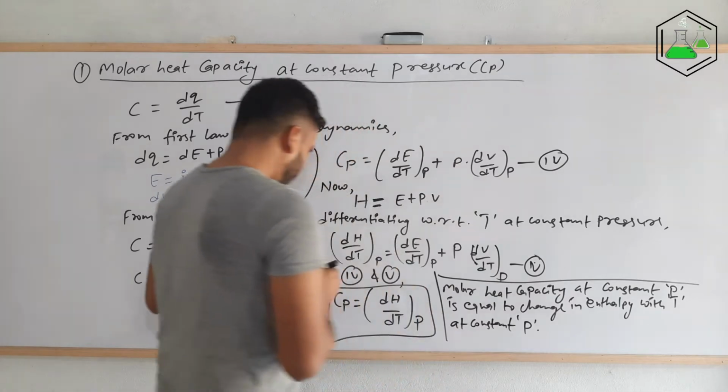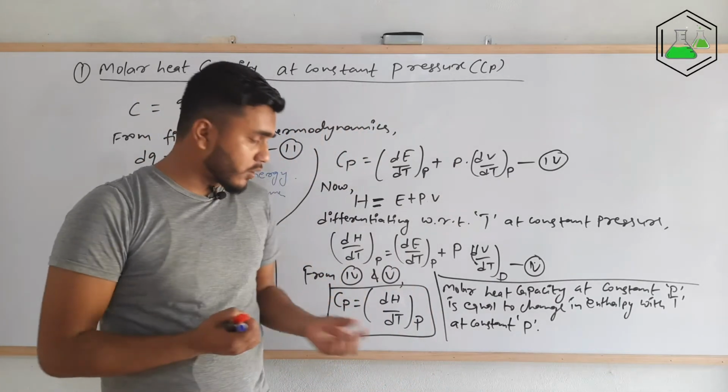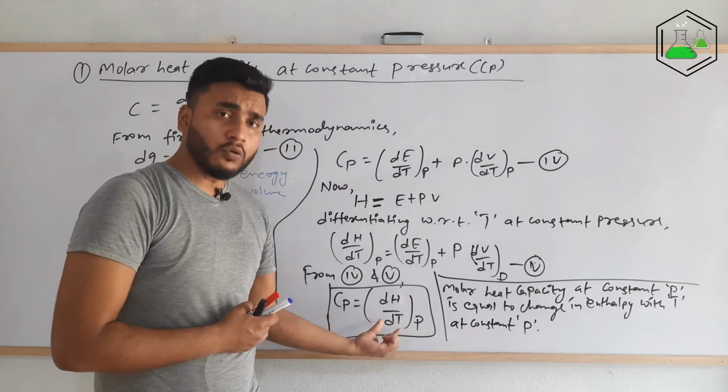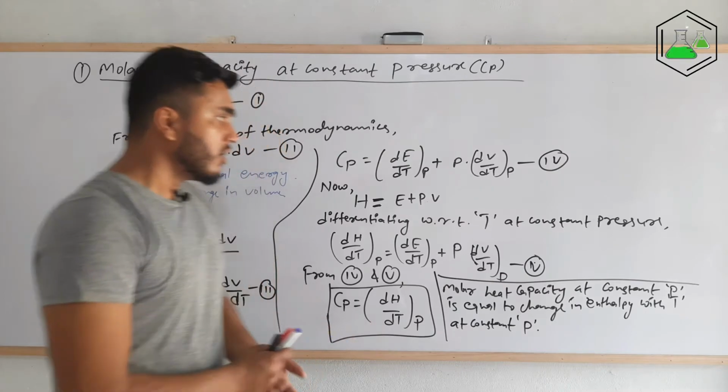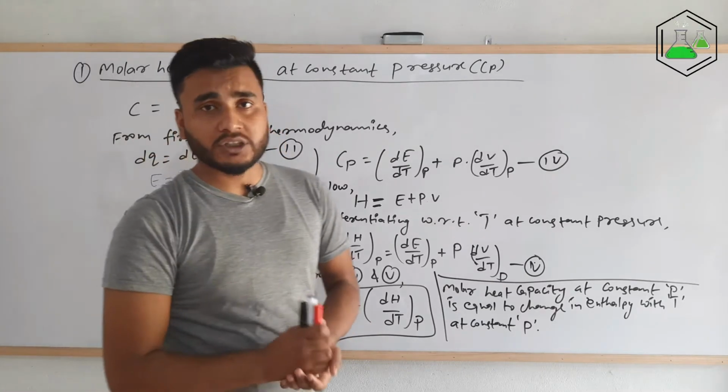So this is the definition of molar heat capacity at constant pressure, which is equal to the change in enthalpy at constant pressure with respect to the change in temperature. So this is the complete derivation to get the value of molar heat capacity at constant pressure.